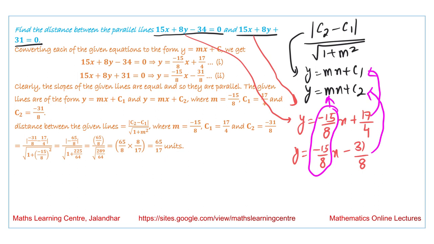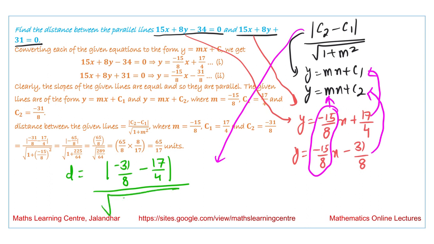So using this formula, the distance between these two lines is given by mod of minus 31 by 8 minus 17 by 4 divided by square root of 1 plus minus 15 by 8 square.